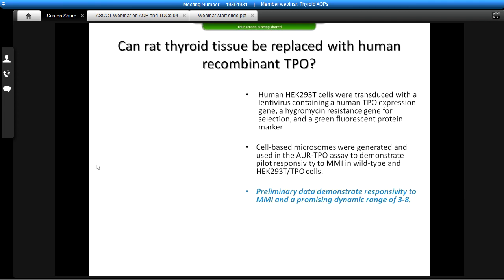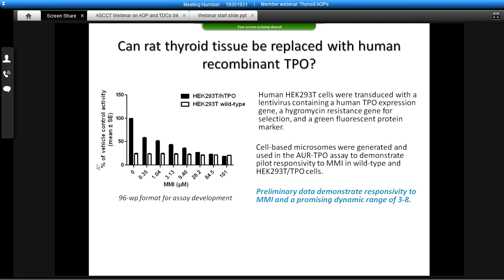So what I've done is I've transduced human embryonic kidney cells, HEK293Ts, with a lentivirus that I've designed to contain a human thyroperoxidase expression gene, a hygromycin resistance gene for antibiotic selection, and a green fluorescent protein marker for just confirming cellular transduction. And then from this cell line, I've generated cell-based microsomes, similar to our use of rat thyroid tissue, and used them in the Amplex UltraRed thyroperoxidase assay to demonstrate responsivity to methimazole, our positive control.